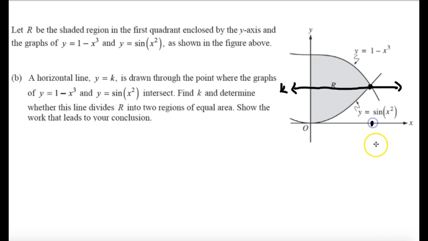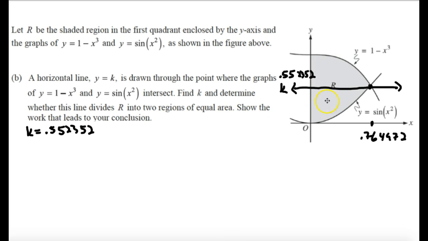We knew that this x value was 0.764972, and when we find that point of intersection, it'll also give us the y value. So we would get that the y value is 0.552352. So right off the bat, we can say that k is equal to that, 0.552352.